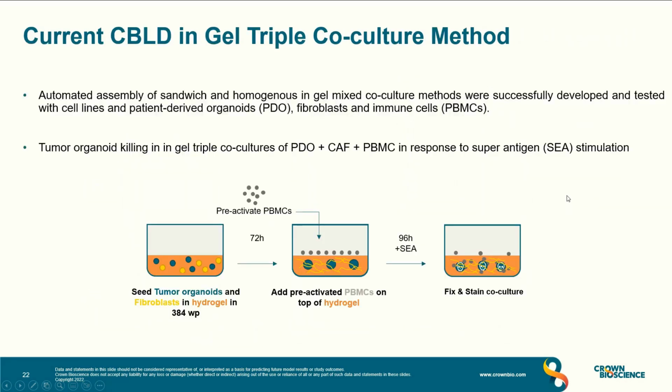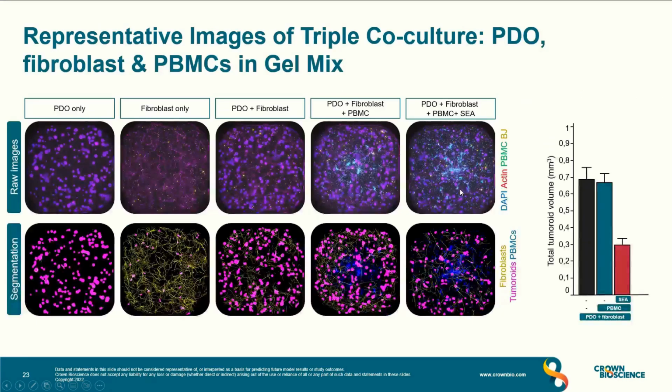Then the next step is that we have an automated assembly of different types of co-cultures with pre-activated PBMCs. So again, we seed tumoroids and fibroblasts, but then add PBMCs on top. And when we then characterize these after a few days, we can really score all kinds of parameters, including infiltration to killing, etc. So this looks like this.